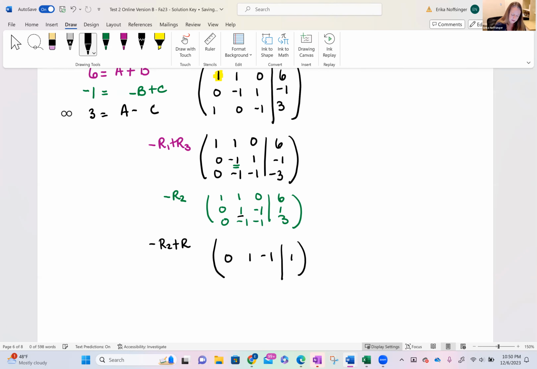So I have 1, 0, 1, 5. Now if I look at row 2 plus row 3.